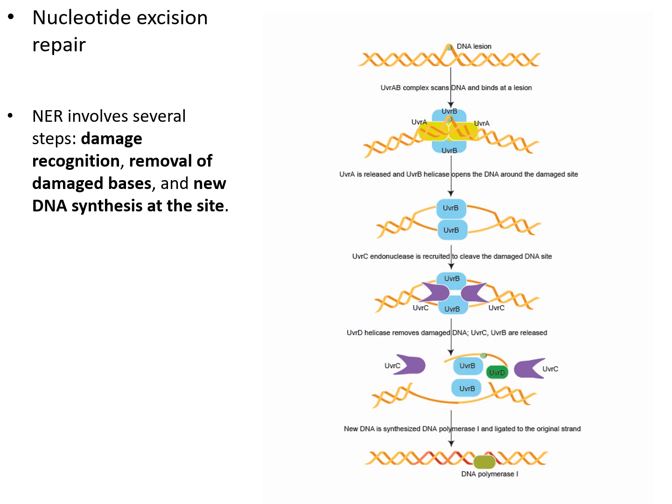UvrD then releases the damaged DNA strand, and UvrC and UvrB are released. DNA polymerase fills the excised region, and DNA ligase seals the nick, completing the repair. Nucleotide excision repair in eukaryotes is similar to the prokaryotic system.